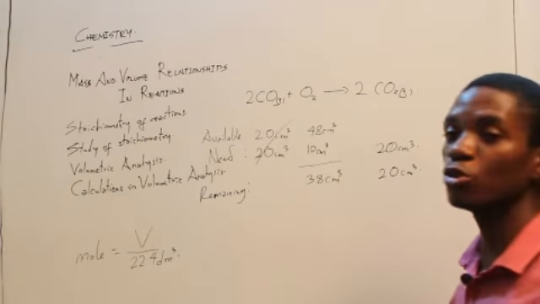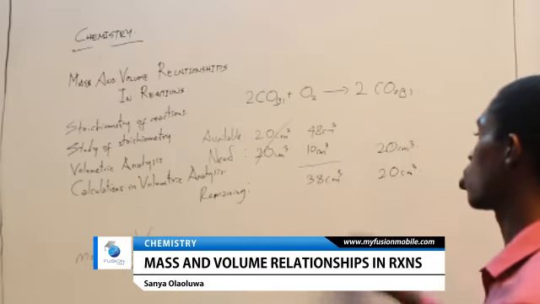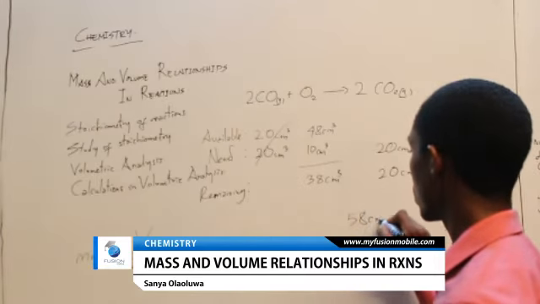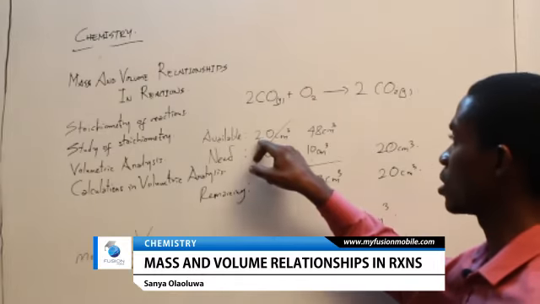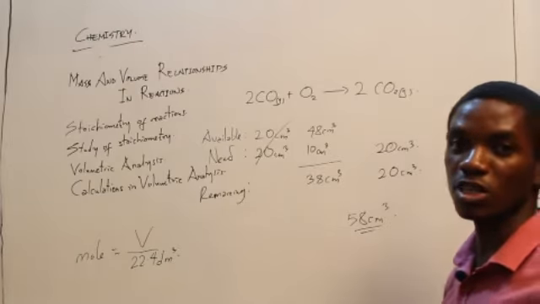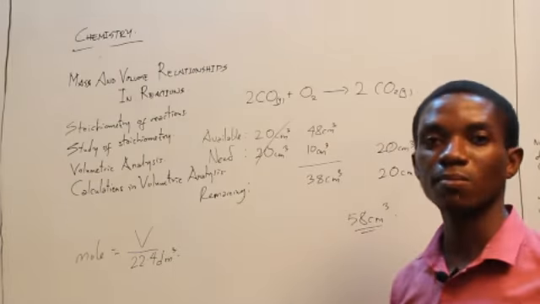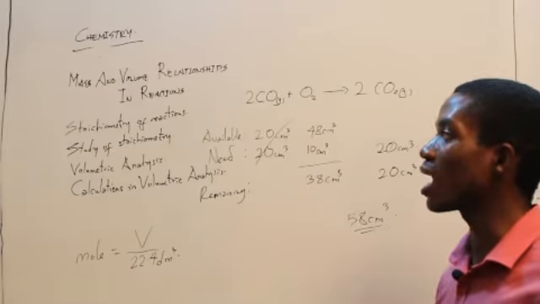So the total volume that will be occupied by the exit gas would be the addition of these two, which would be about 58 cm cube. Of course, what is input is 68 cm cube, but what comes out of it is 58 cm cube. So this establishes the relationship between mole of a substance and the volume.